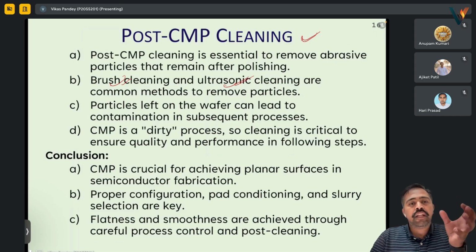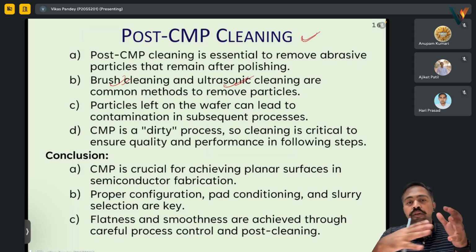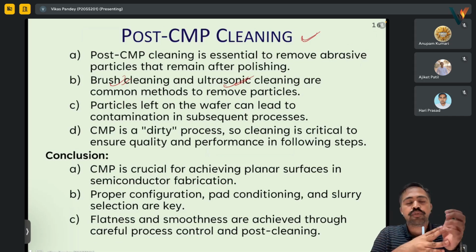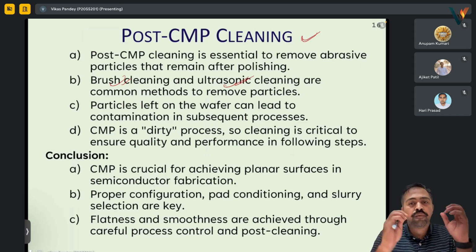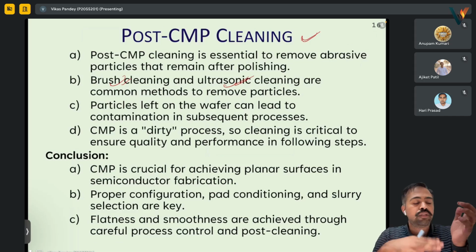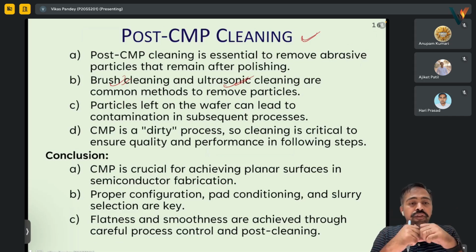It is simply like a brush is used to clean all the materials, or we sonicate it in a proper solution so that whatever abrasive material is left will dissolve into the solution and we will get a clean wafer, because any particle left will lead to contamination in our subsequent processes.